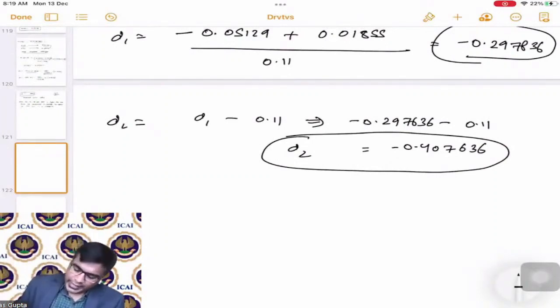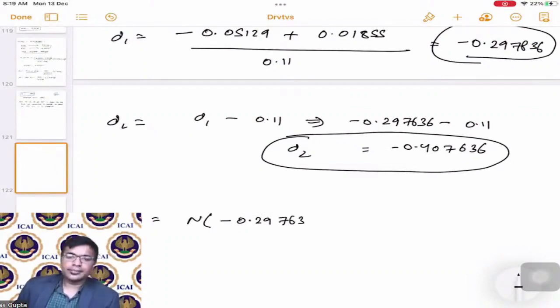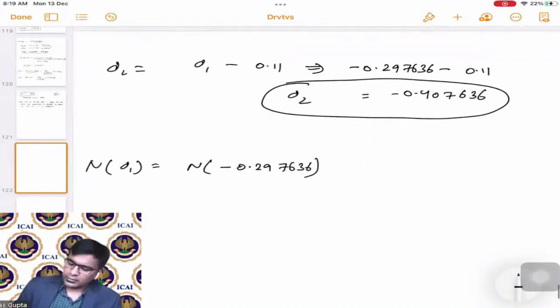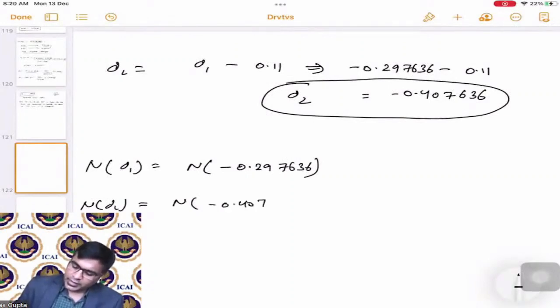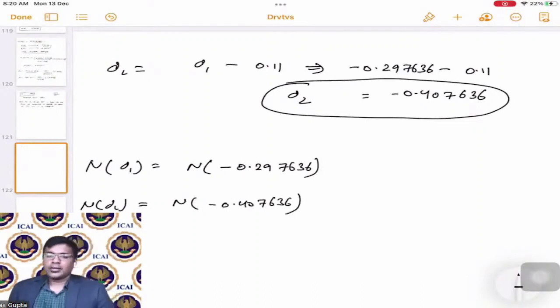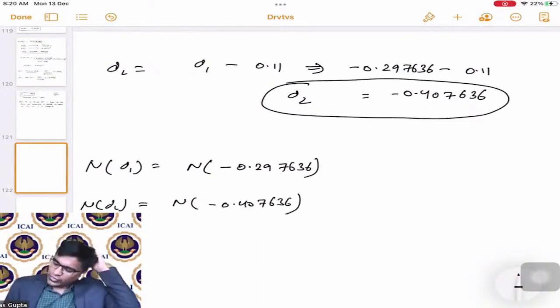Now, first of all, N(D1) is equal to N of minus 0.297636. N(D2) is equal to N of minus 0.407636. Okay, students, so this we have to find out.